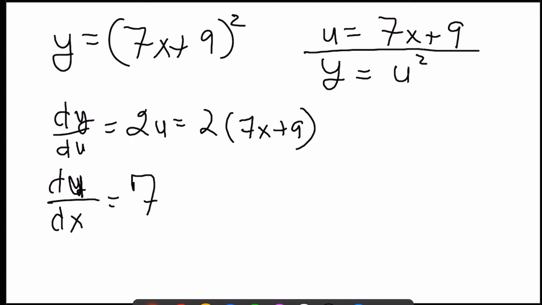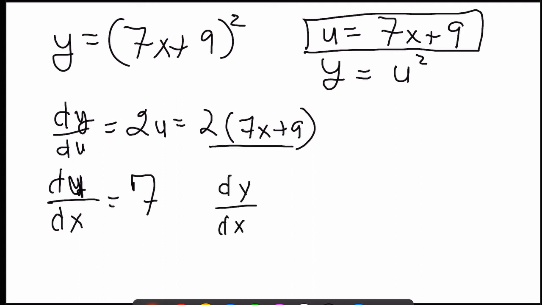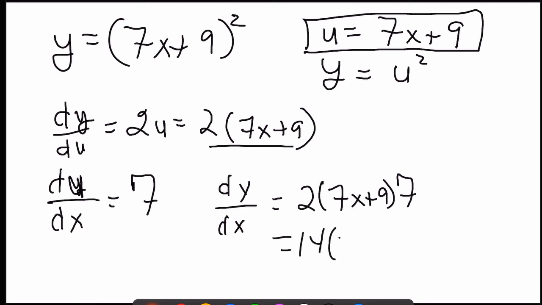du/dx equals 7. So now I'm going to multiply those together. So dy/dx equals 2 times (7x plus 9) times 7 is 14 times (7x plus 9).